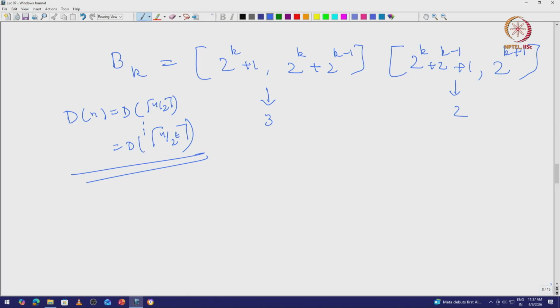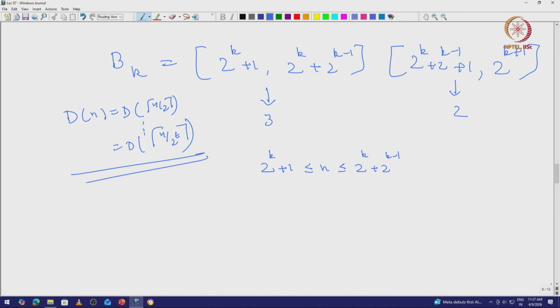At any stage, you are going to do this. So let us consider any number n in this range, 2 power k plus 1 less than or equal to n less than or equal to 2 power k plus 2 power k minus 1.